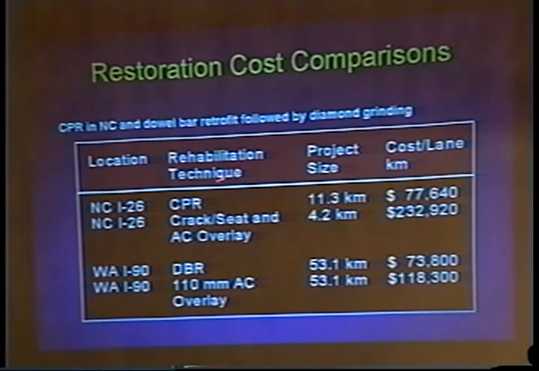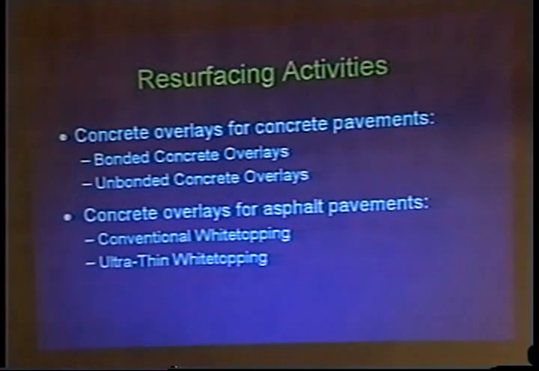These methods have been proven across the nation to actually be beneficial in terms of cost and pavement longevity. Other resurfacing activities you might associate with concrete pavements would be a bonded concrete overlay.